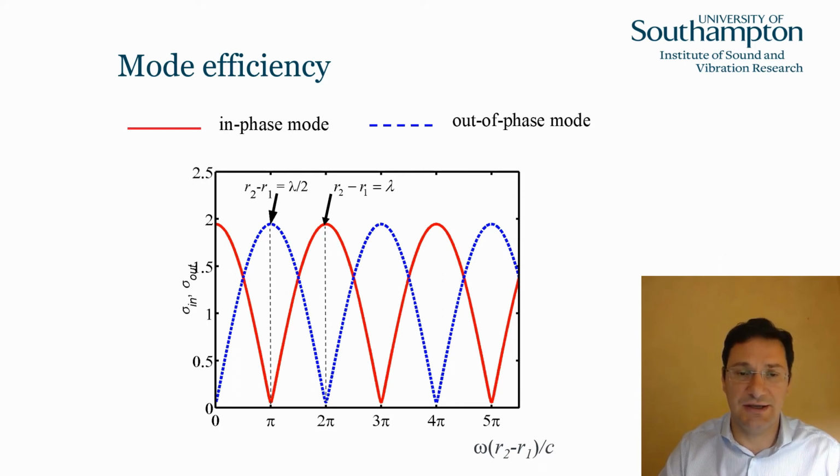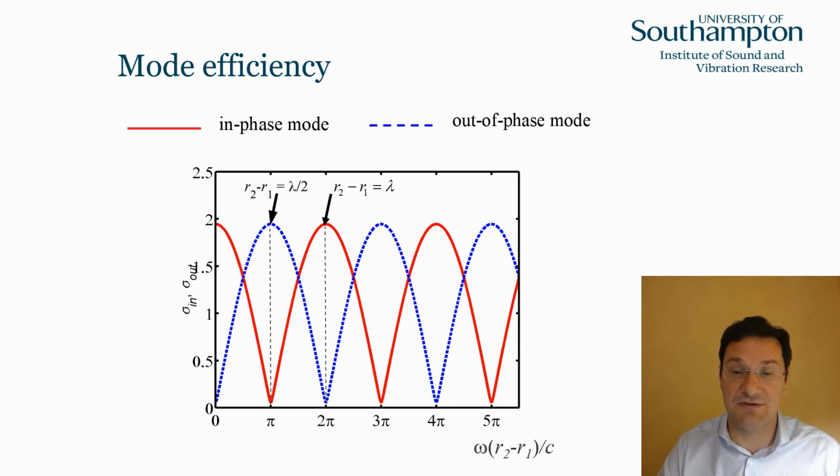On the contrary, at those frequencies where the path difference is an even multiple of lambda over 2, like here, and also at 0 Hz, the in-phase mode is very efficient, whereas the out-of-phase mode is very inefficient. Perhaps not surprising if you consider that at very low frequencies, if you have two loudspeakers and they create an out-of-phase mode, that's going to be pretty much a dipole and is going to be very inefficient at low frequencies.